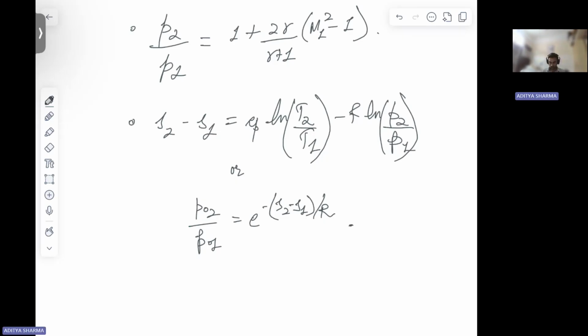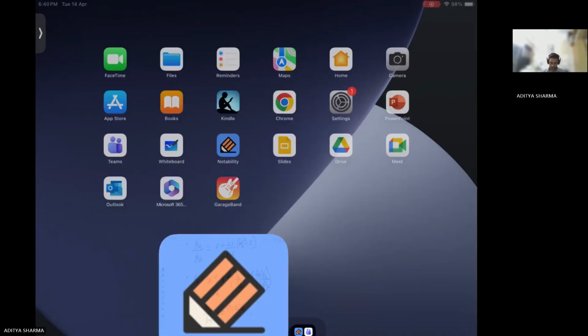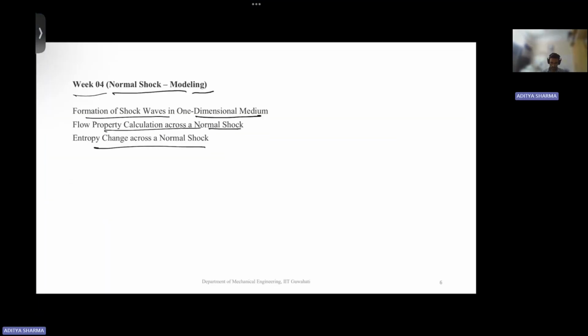Now talking about normal shocks, your total pressure decreases across your normal shock, so there is loss in pressure. But if you talk about total temperature, that remains the same. So this is about week 4.